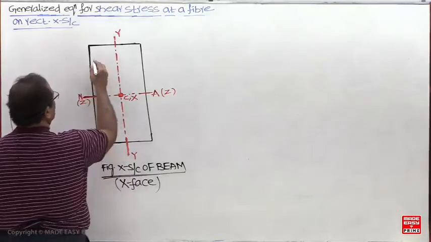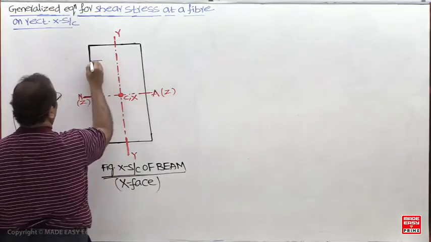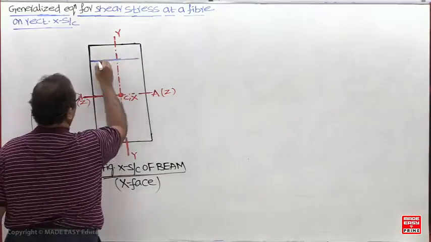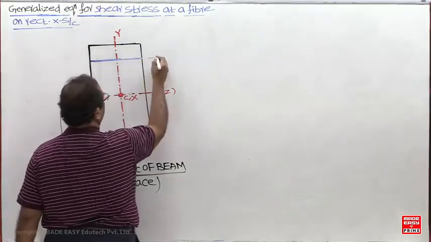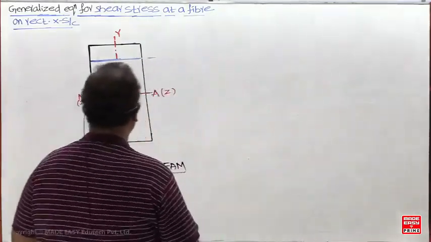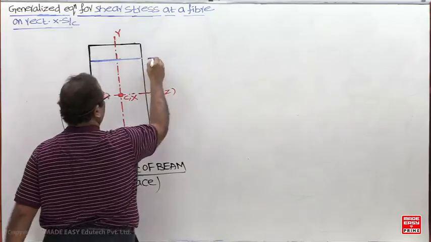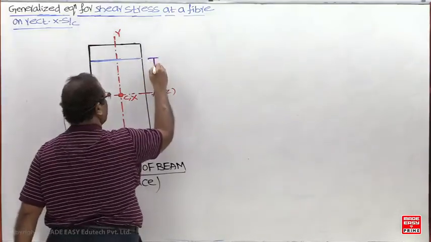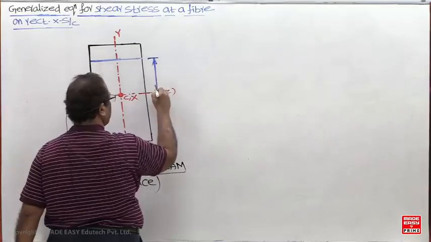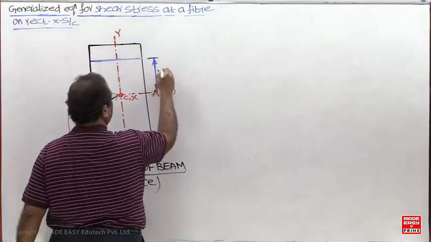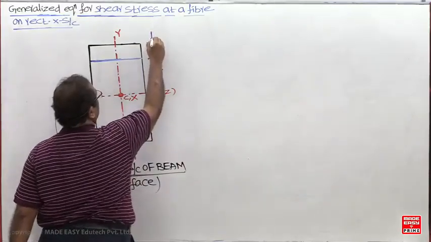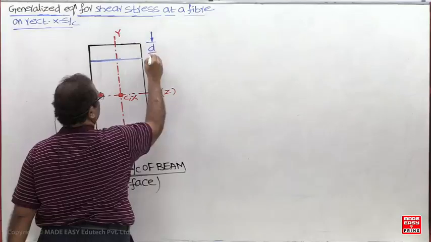Now consider a fiber. What is this distance now? D by 2 minus y.